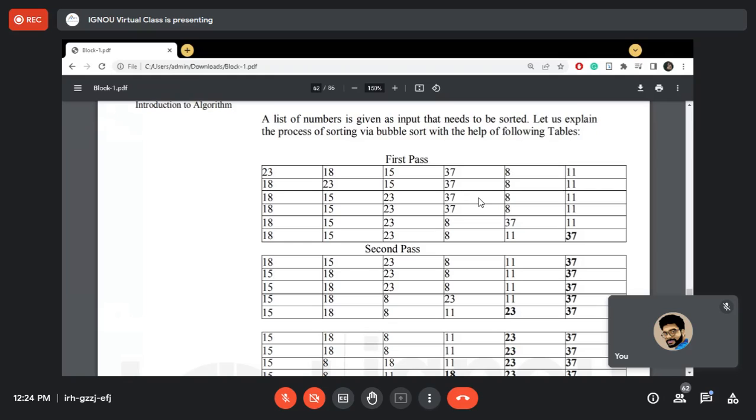Both are in the right place. Then compare 37 with 8. 8 is smaller, so 8 is here, 37 is here. Then 37 with 11. So you can see the greatest value is now at the last.